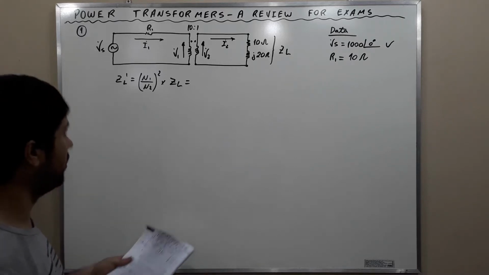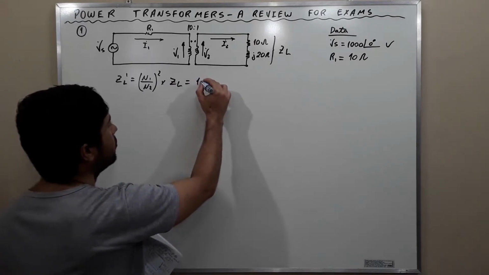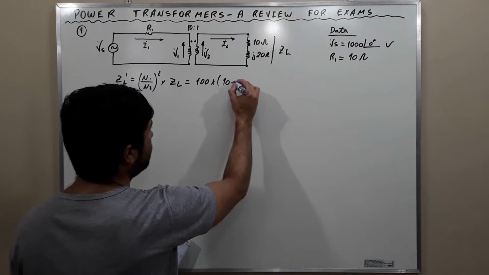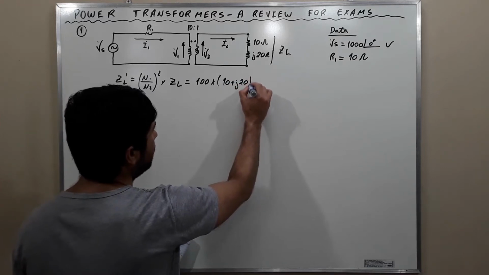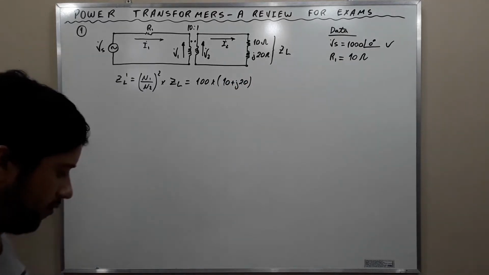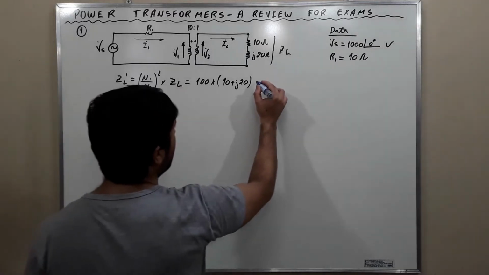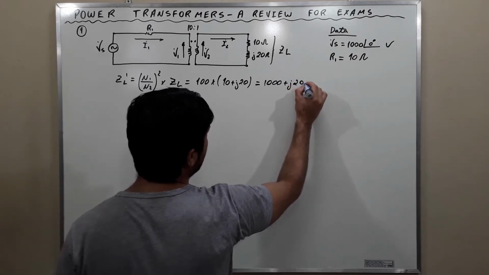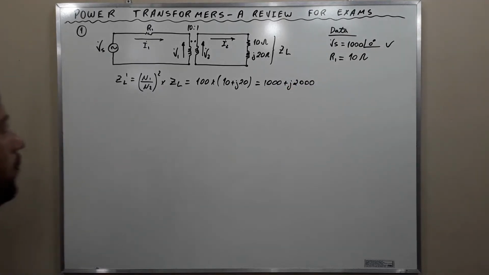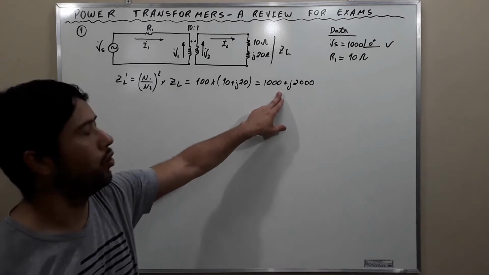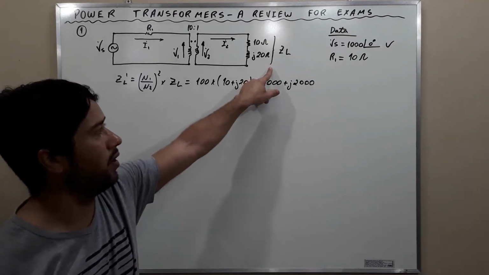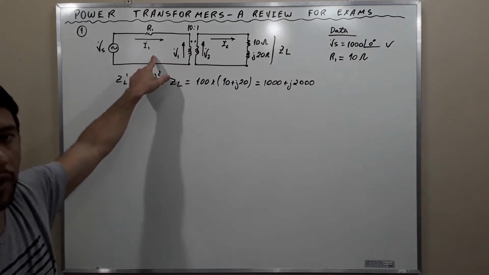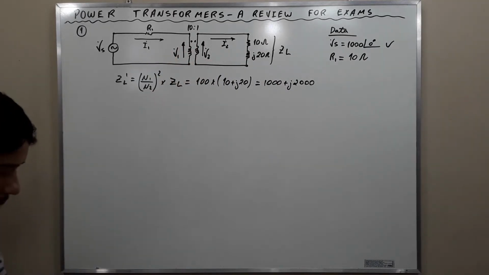Therefore, it is going to be 100 times (10 plus j20), and this gives a value of 1000 plus j2000. This value represents this impedance but referred to the primary side of the transformer.